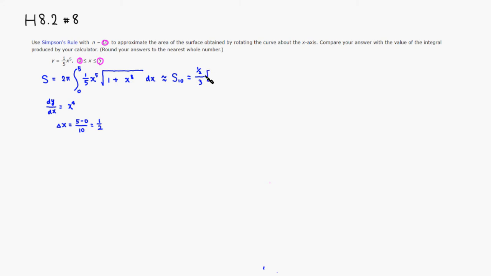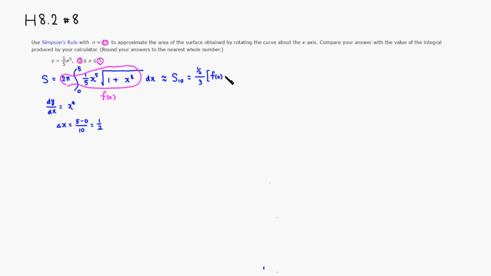Then I'm going to call f of x the integrand right here, including the 2 pi. Then you just have to do Simpson's rule. The first number would be f of 0.